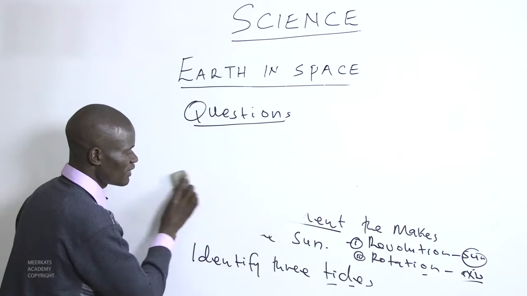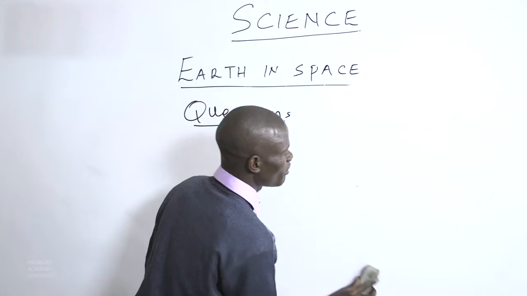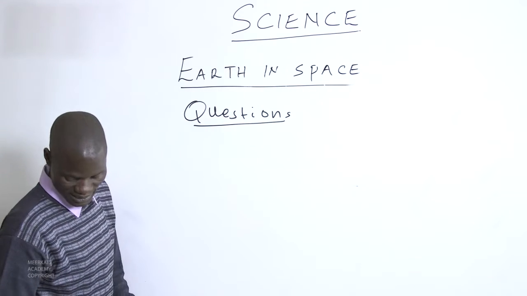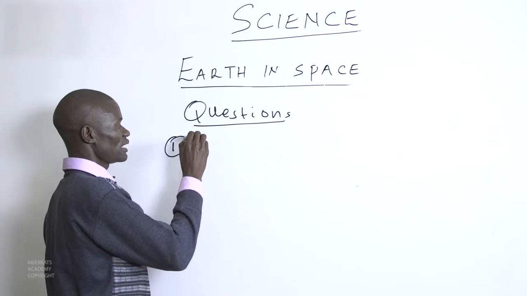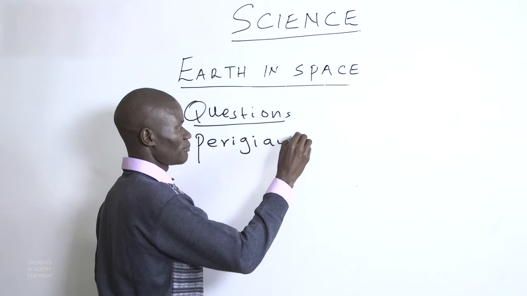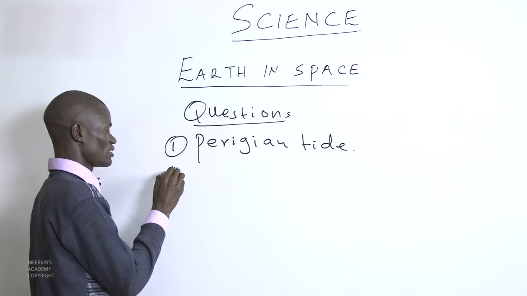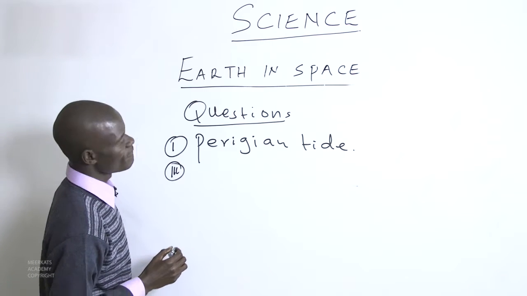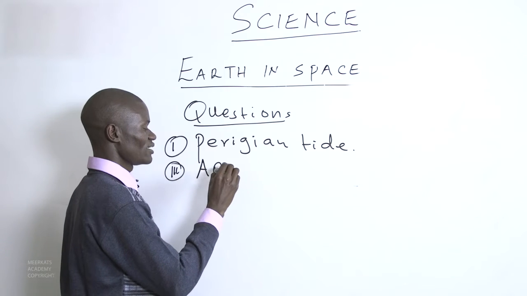We will explore them in detail as we look at the global system of ocean currents. One of the tides we've been able to identify is the Perigean Tide.